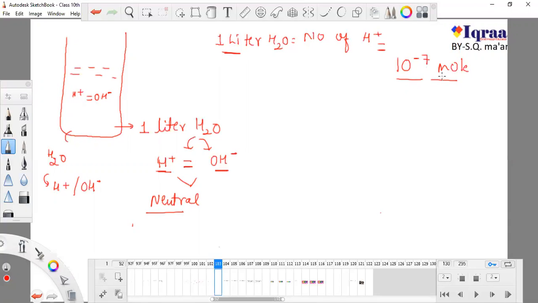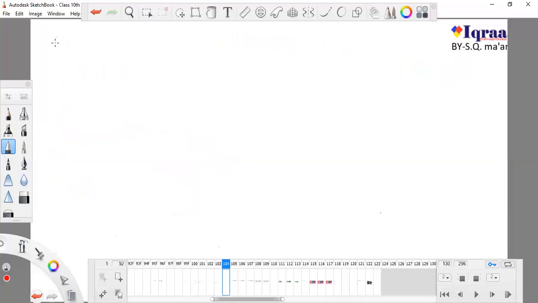Now I want to take you back to your last class, which is your 9th class. There you studied a concept known as the mole concept. If you remember, or if you don't remember, it is known as the mole concept. The mole concept was provided by Avogadro.